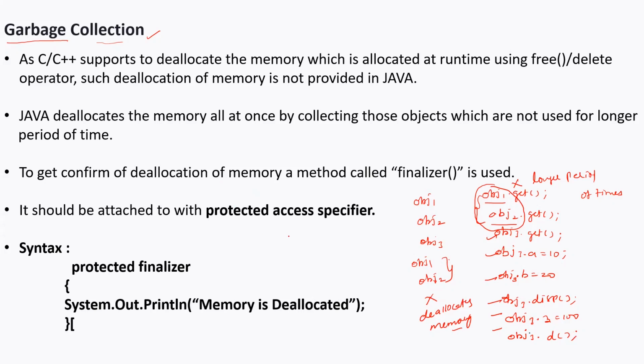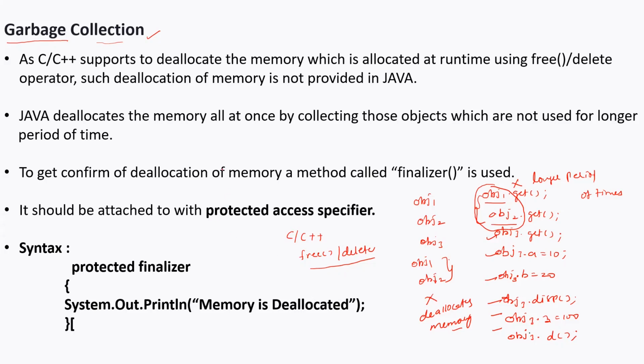Now, if you take an example of C and C++, in these languages the memory is deallocated at runtime using two operators: the free operator and the delete operator. As these two operators are not supported in Java, such type of deallocation is not provided in Java.